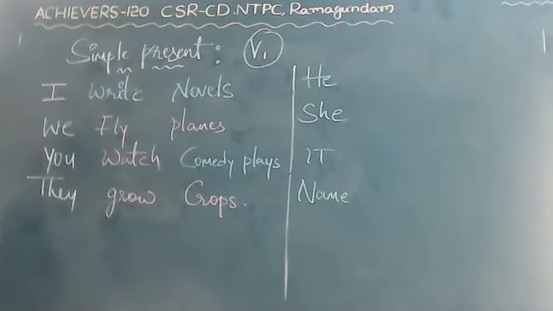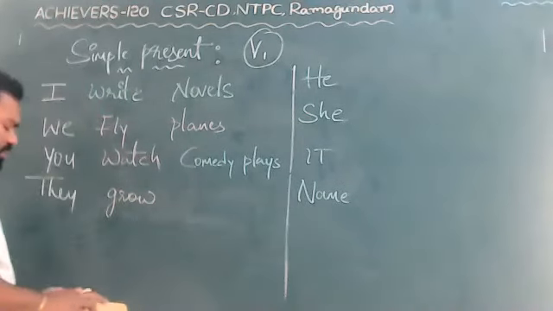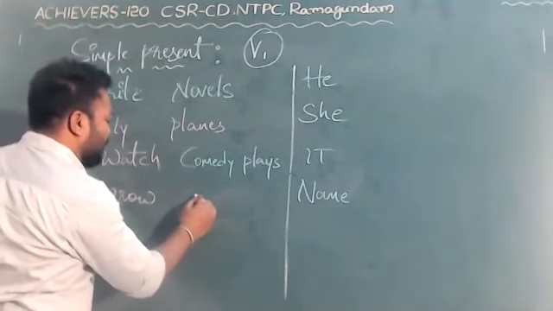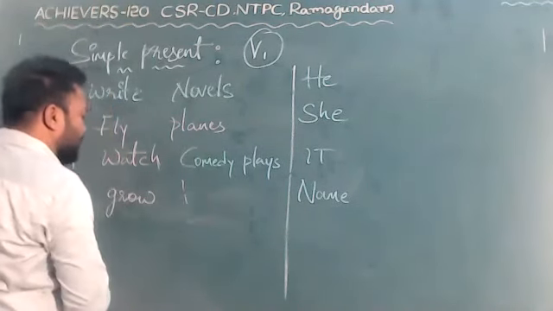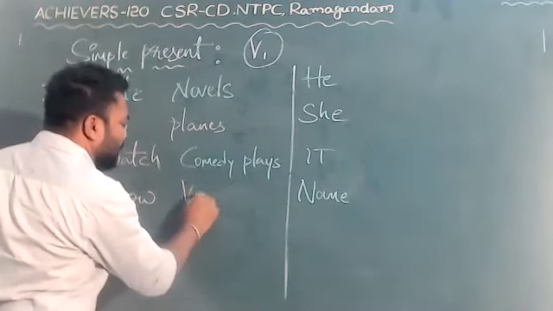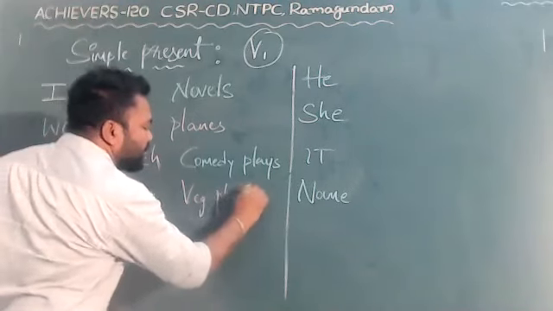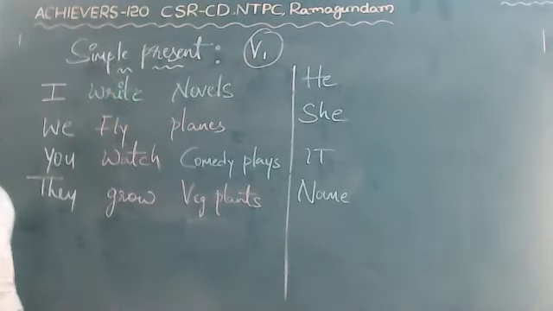They grow crops, or else let me make it very clear. They grow some vegetable plants. Let me make it very clear for you so that we can understand.